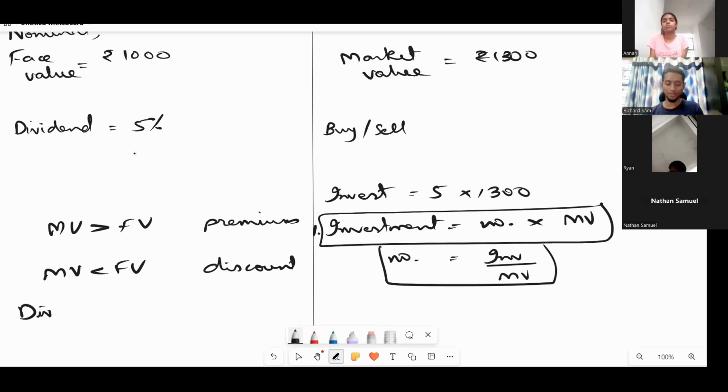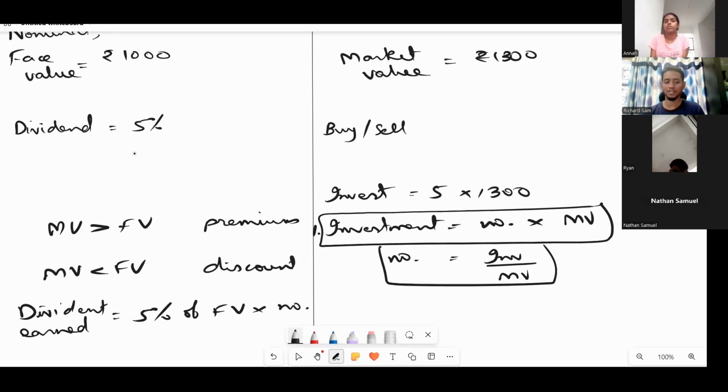I want to find the actual dividend earned in rupees. So the dividend I will earn is 5% of what? 5% of face value into how many shares I have.